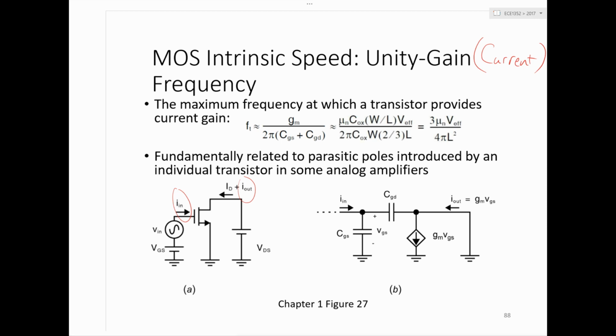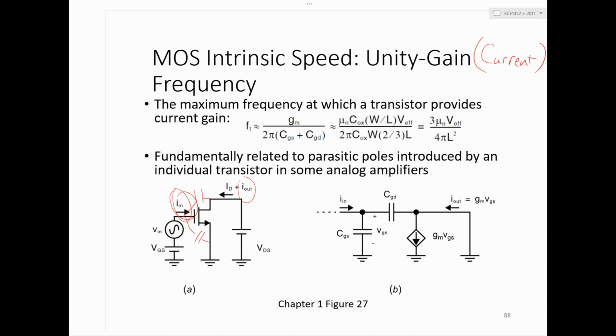So in case you need reminding, you might say, well, I thought there's 0 gate current. Well, not at very high frequency because, of course, you've got capacitances here, right? So at high frequency, there is AC current going in and out of the gate to drive those caps, to make the gate node wiggle around. And at some really high frequency, it takes a pretty large amplitude current to wiggle that gate up and down.